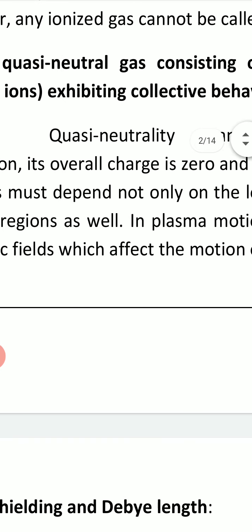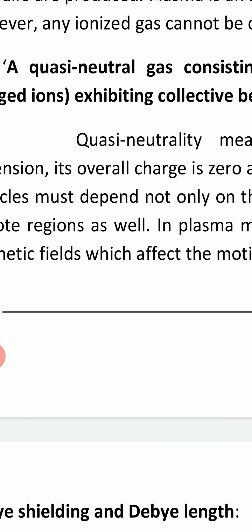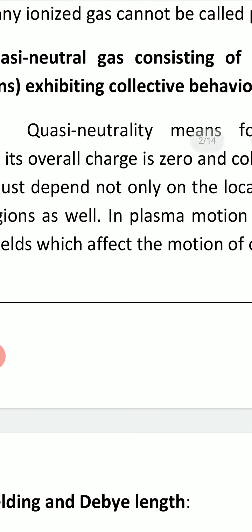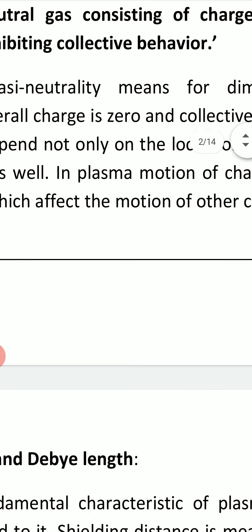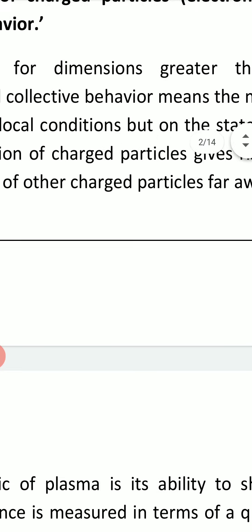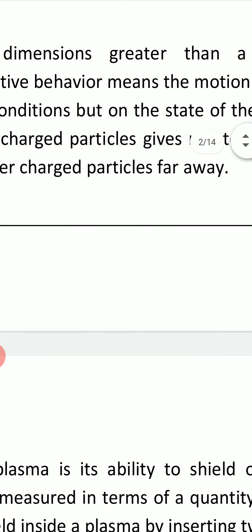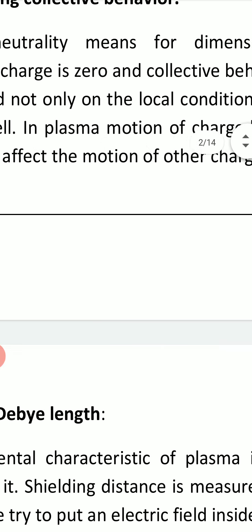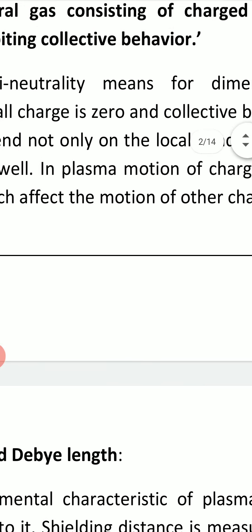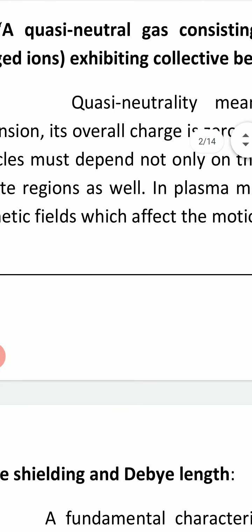So here two terms are important. One is quasi-neutral and the other is which exhibit collective behavior. Quasi-neutrality means for dimensions greater than a particular dimension, its overall charge is 0. This is the meaning of quasi-neutrality.